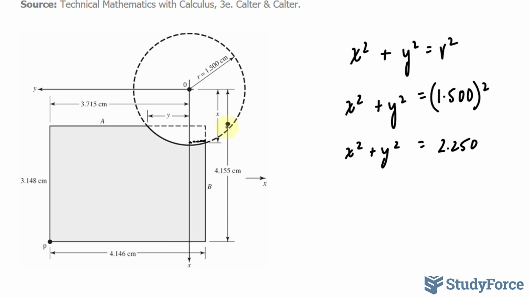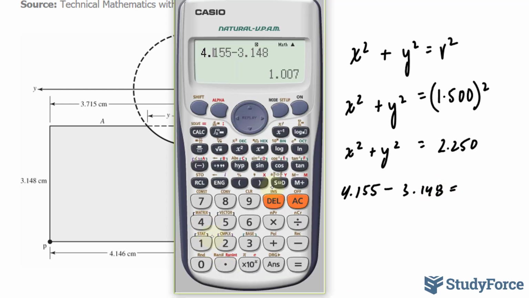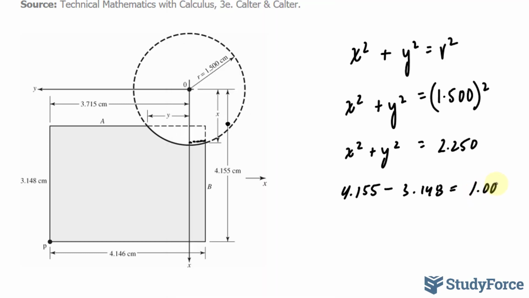This point is significant, and I'll explain why in a second. So 4.155 minus 3.148 gives us, using our calculator, 1.007. Therefore, any point along this x will serve as our y.